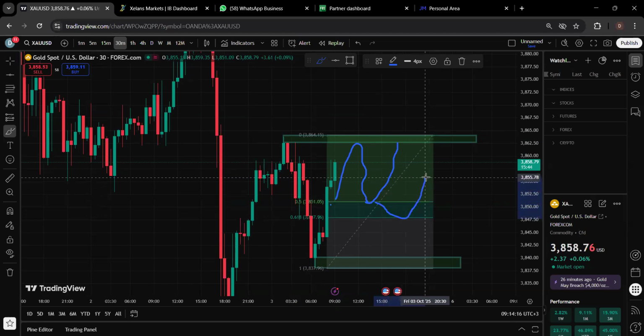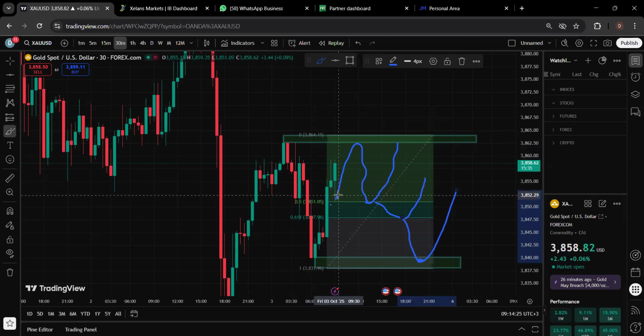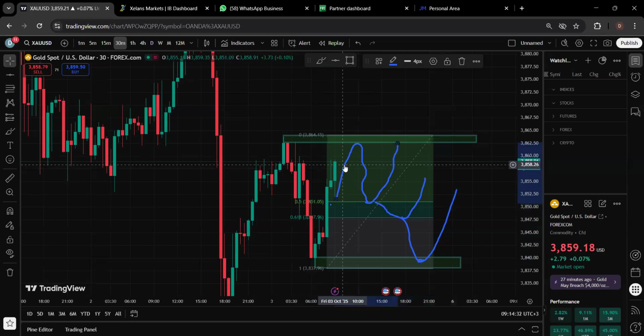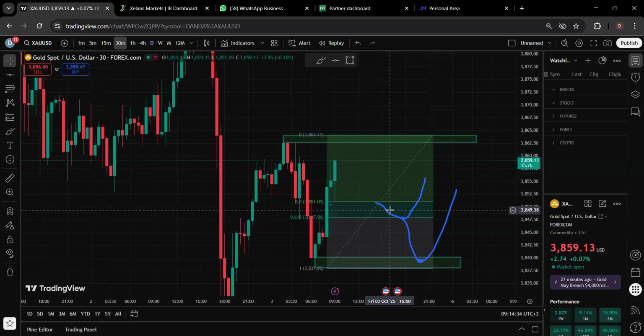We expect a rejection there. If there is a breakout here, the next zone is here. This is what we expect about a rejection. So this one will automatically draw the lines. Now this is the first fib we are going to use.